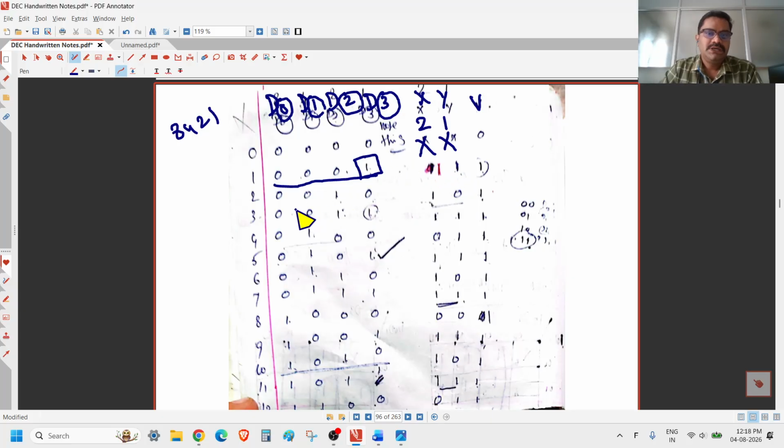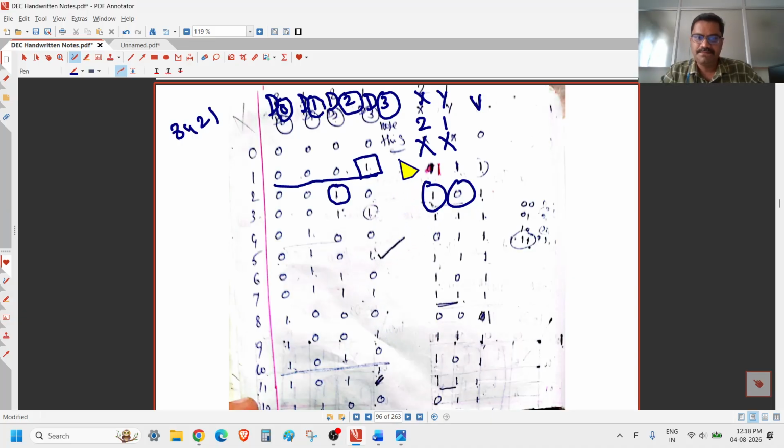Next, what is the next input? 0010. That means the 1 is here, and this one represents priority 2. So for 2, you have to mention the output: for the 2 position 1 and for the 1 position 0. Likewise you have to fill the truth table. It is very simple.